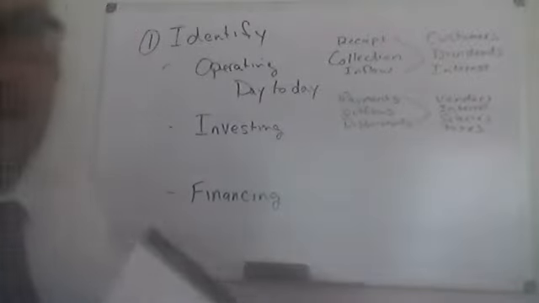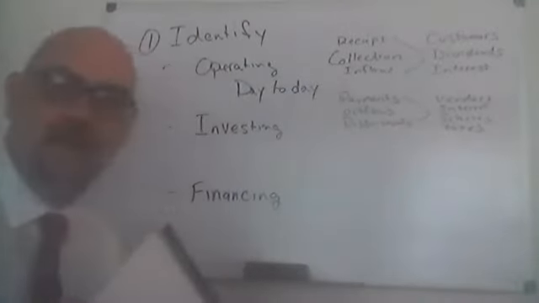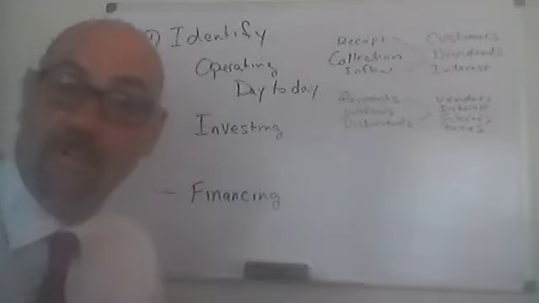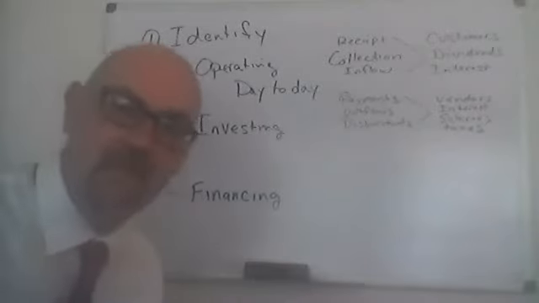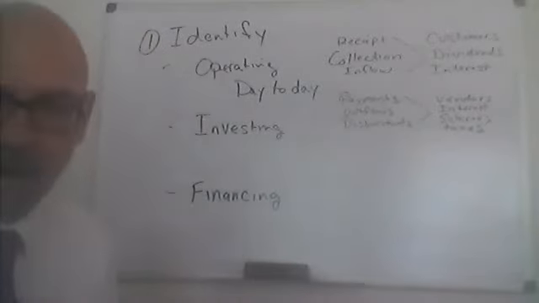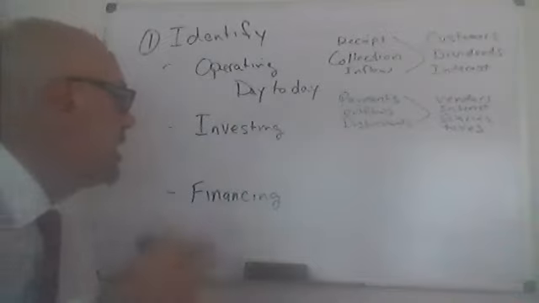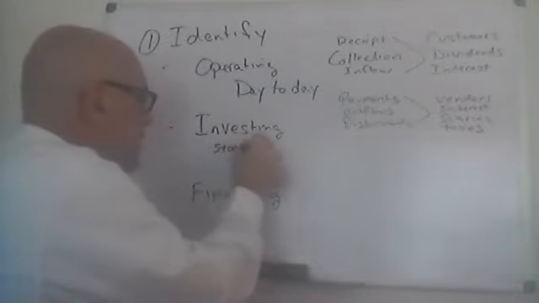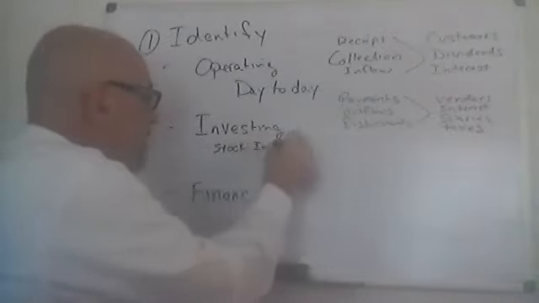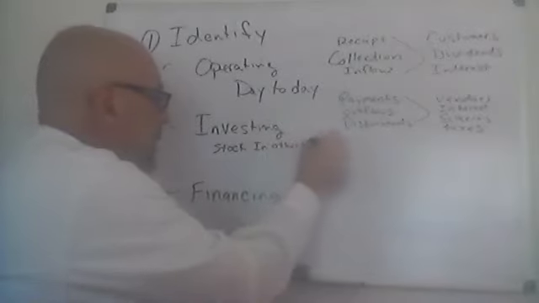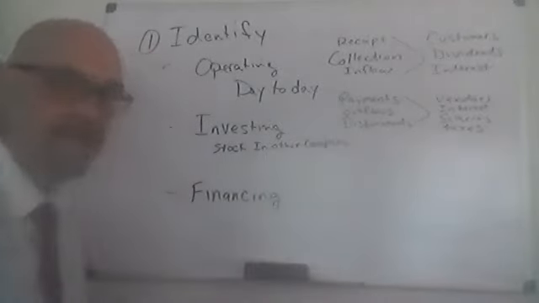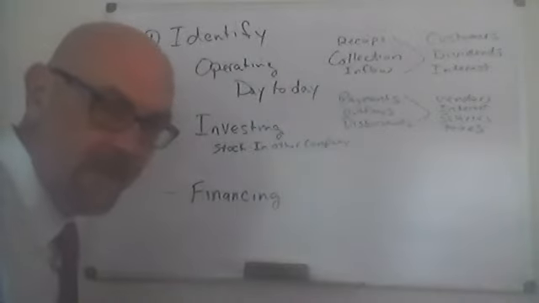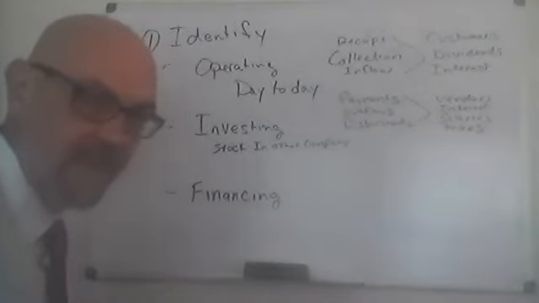So when we think of investing, normally you're going to think of your 401k or investing for retirement, going to invest in the stock market. And that is part of investing activities. So if you buy stocks in another company, that is definitely an investing activity. You could also buy bonds in other companies. That is an investing activity.